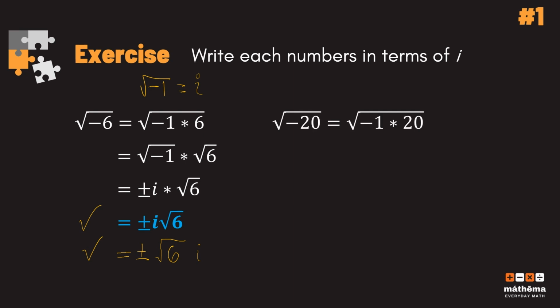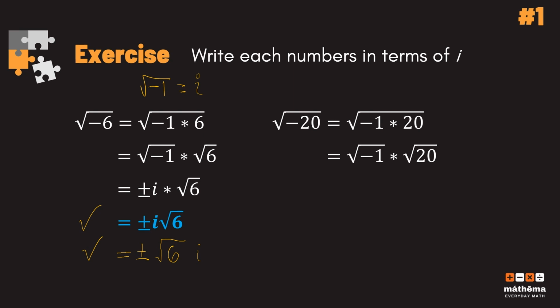Next example, we have the square root of negative 20. Negative 20 can be rewritten as negative 1 times 20. We separate the two: the square root of negative 1 times the square root of 20.